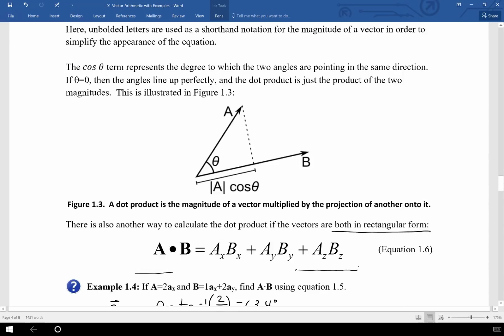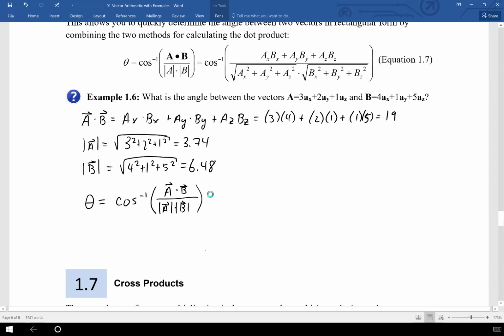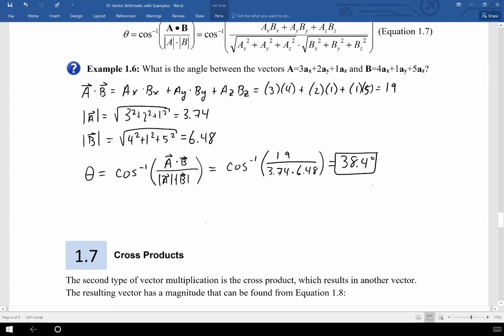So I'm just slightly modifying that to be able to calculate theta. The inverse cosine in this case is the inverse cosine of 19 divided by 3.74 times 6.48, and this works out to be 38.4 degrees. To me, it's pretty remarkable that we can already calculate the angle between those two vectors just by the tools that we've developed so far.